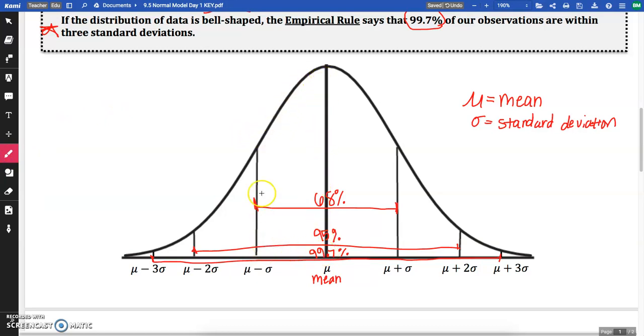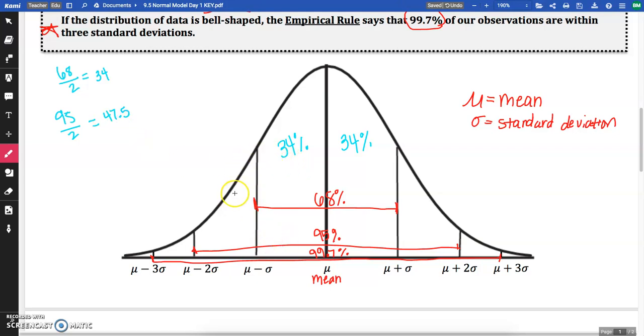We're going to split those up even further because I want to know specifically what's in each column. If I have 68% between both of these and this is symmetrical, I can divide that by 2, and that gives me 34% in each piece. Now, if I move one step out, looking at the 95%, if I divide that by 2, I get 47.5% of the data.